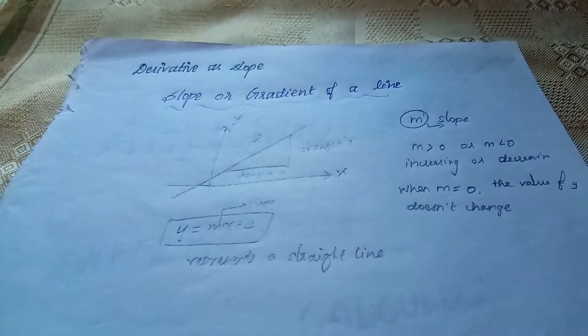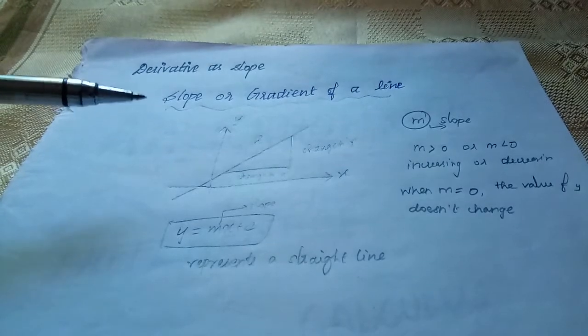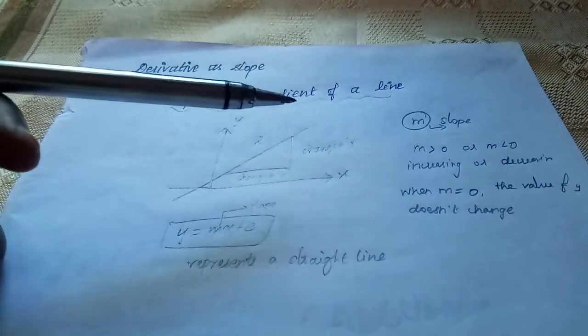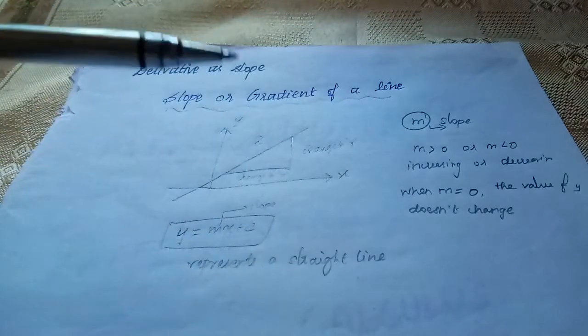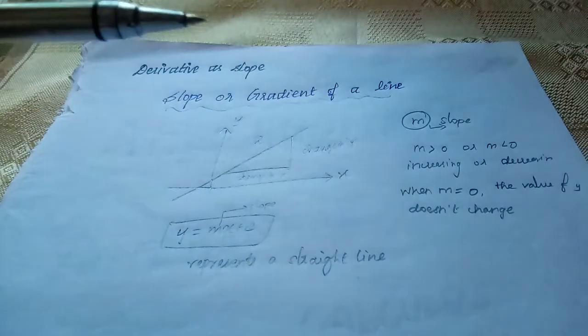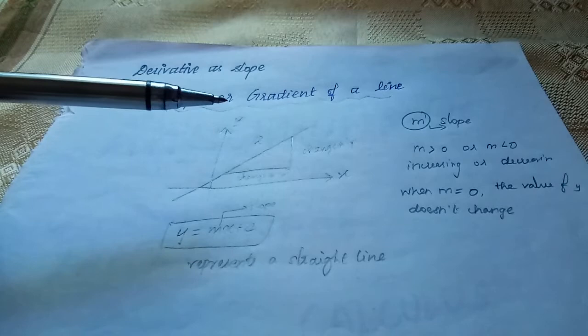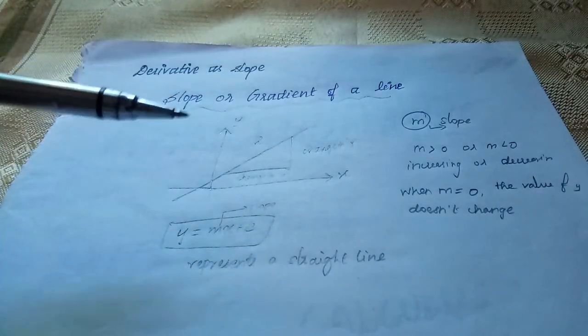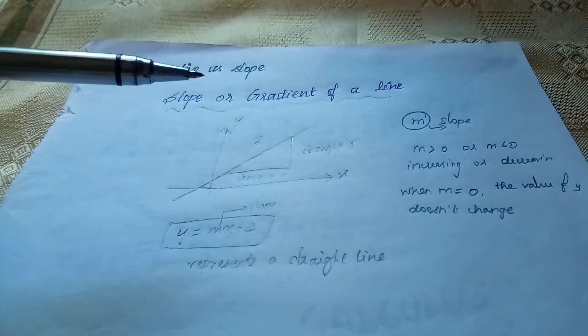Derivative as slope. First let's see about the slope or gradient of a line. Let L be any given non-vertical line, which means a straight line which is non-vertical.